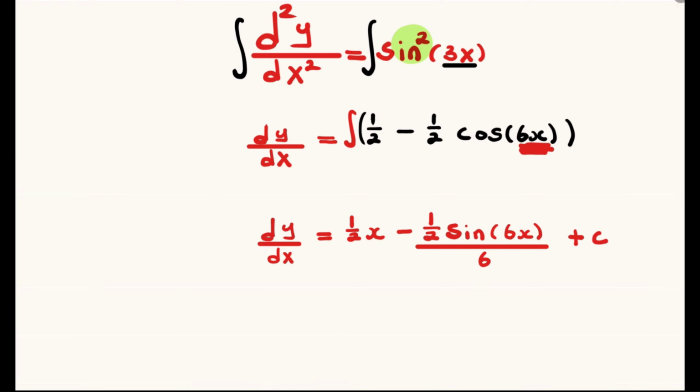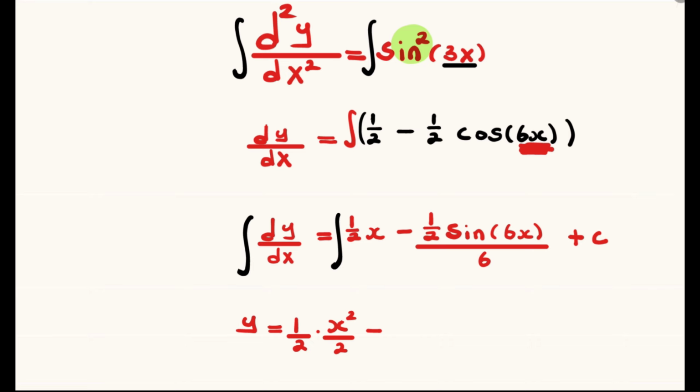Remember that we have to determine the original function y, so we are going to introduce the integral on both sides of the equation again, and the integral of dy over dx is y, equal to the half multiplied by the integral of x, which is x squared divided by 2, minus half divided by 6.